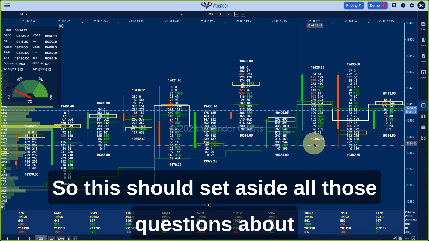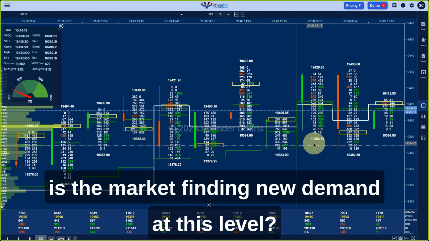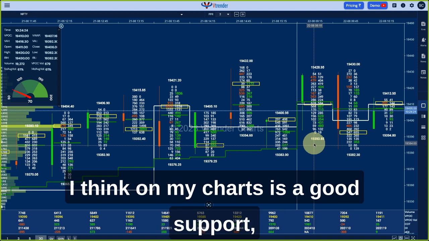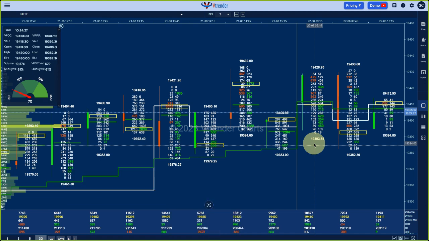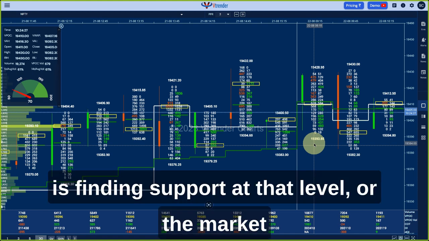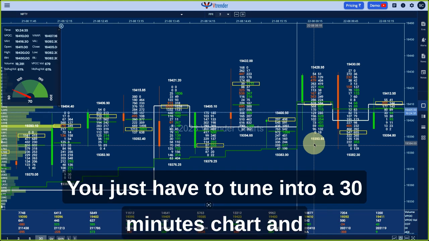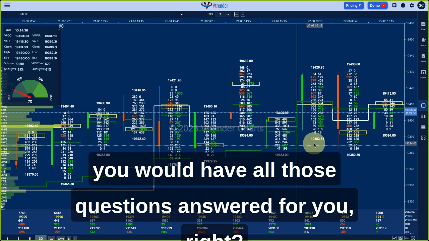So this should set aside all those questions about: is the market finding new demand at this level, is the market finding new supply at this level, how do I know that this particular level, which I think on my charts is a good support, is finding support at that level, or the market is getting demand at that level. You just have to tune into a 30-minute chart, and you would have all those questions answered for you.